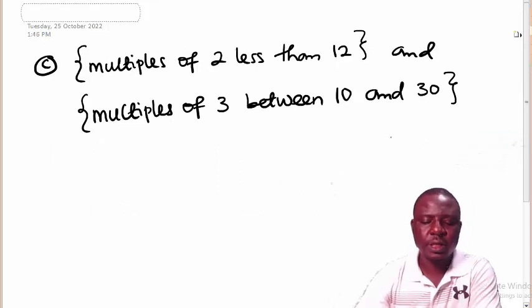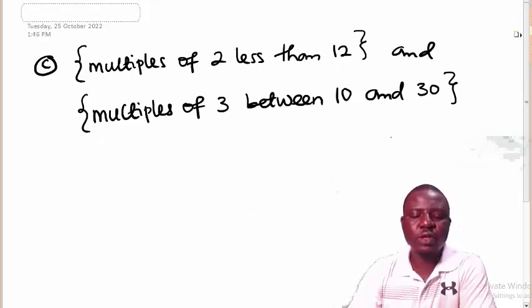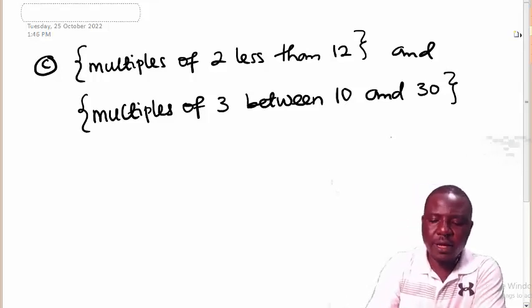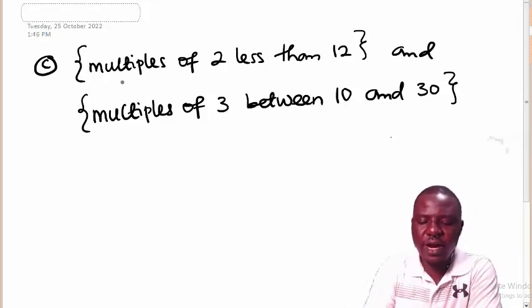Example 3 is defining, we have to find the union and intersection of both sets. Set A is defined as multiples of 2 less than 12.